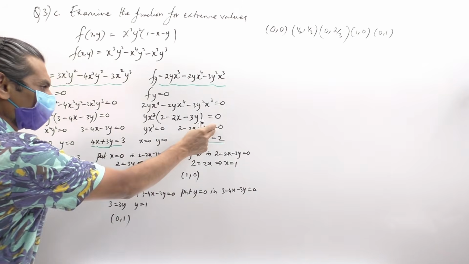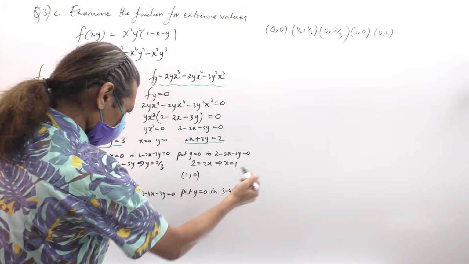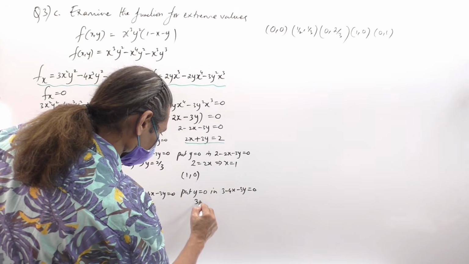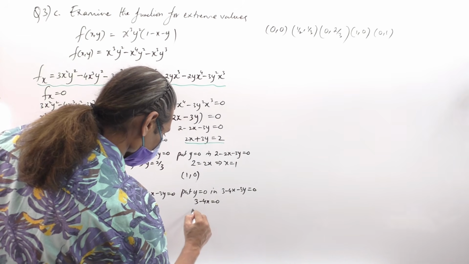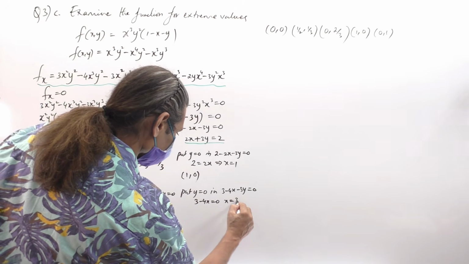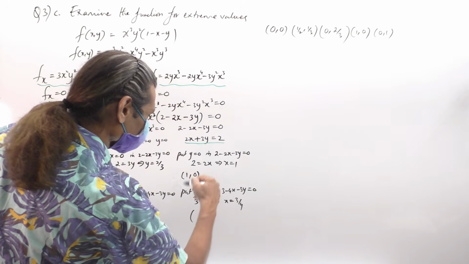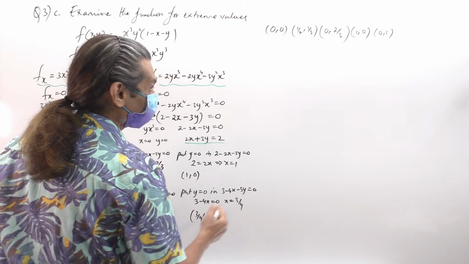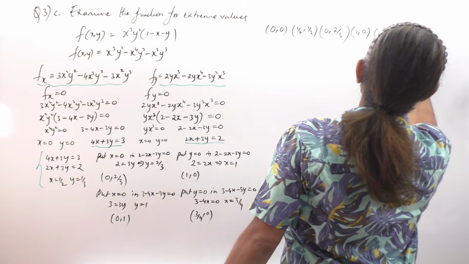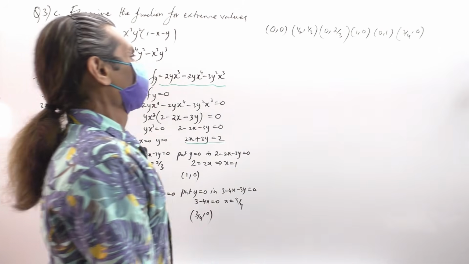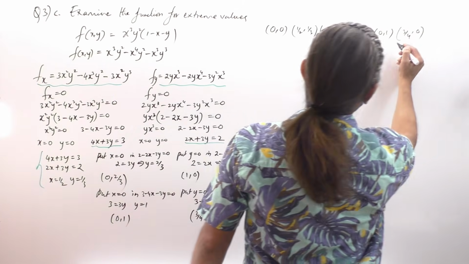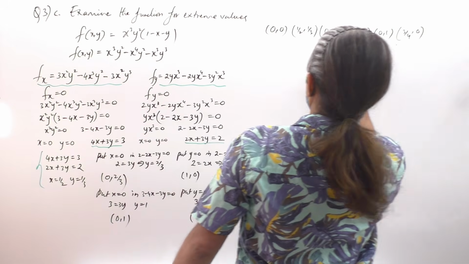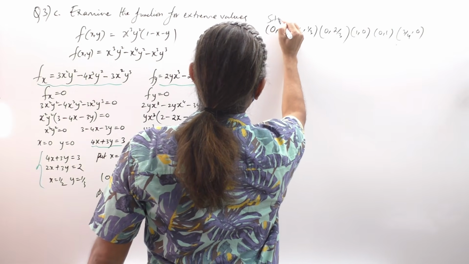Again I get 3 minus 4x is equal to 0, so x is equal to 3 by 4. So for y is 0, x is 3 by 4, giving the pair (3/4, 0). These are all the stationary points.